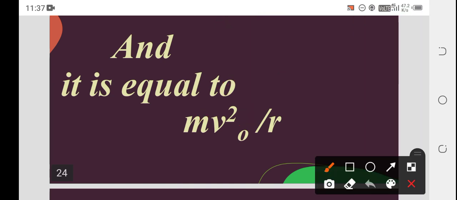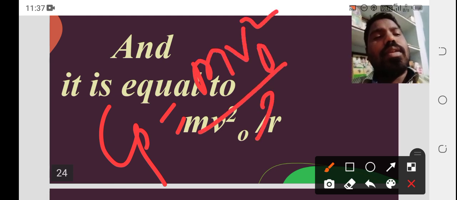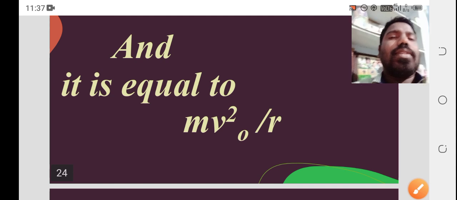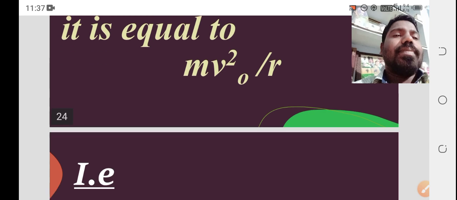So the centripetal force is equal to m v naught square by r. Just recall the central force definition. It is equal to m v naught square by r.